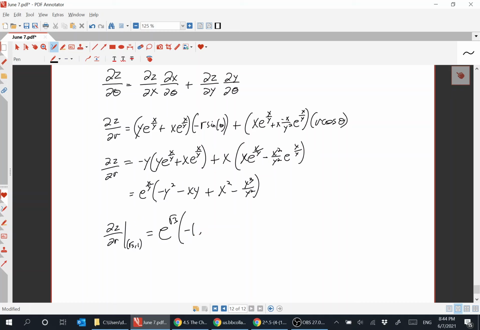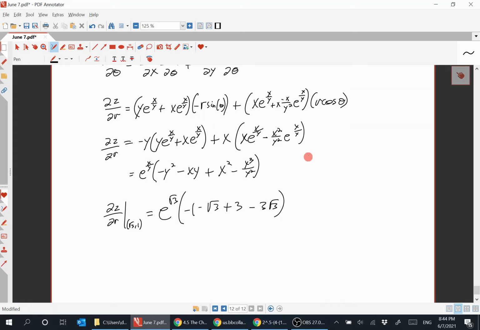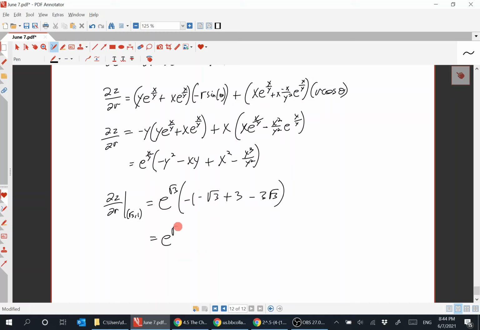Minus y squared is 1, minus xy is minus root 3, plus x squared is 3, x to the third over y squared, so that's 3 root 3. So we get e to the root 3 times what? So minus 3, minus 4 root 3, so 2 minus 4 root 3. That's a really messy one, but anyway, there it is.